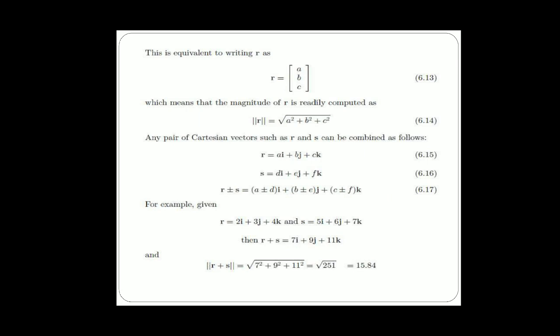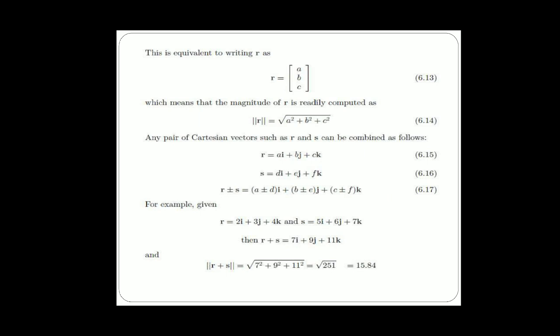So for example, if we calculate this with numericals, the magnitude of r plus s is equal to the root of 7 square plus 9 square plus 11 square, where 7 square is 49, 9 square is 81 and 11 square is 121, which is totally 251, and the root of 251, the answer is 15.84.